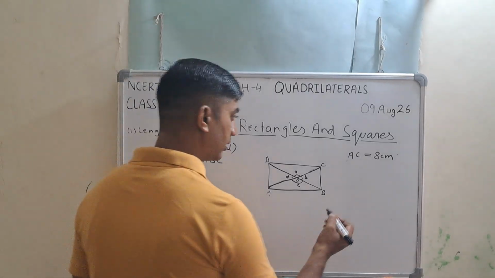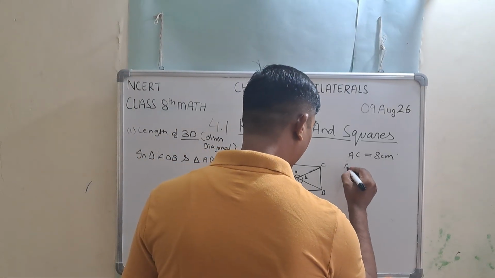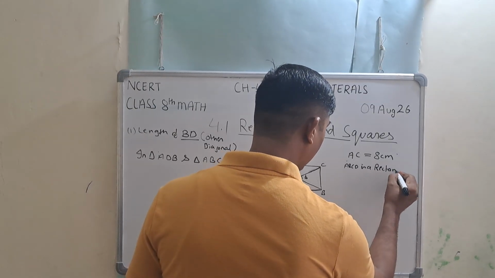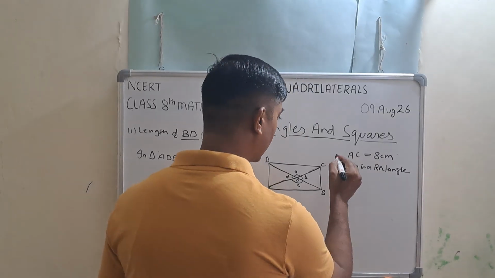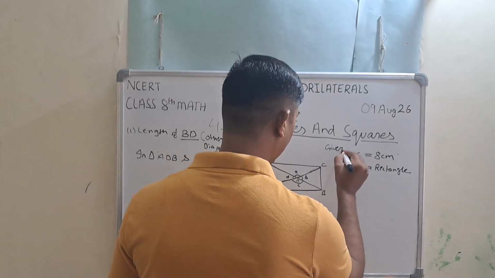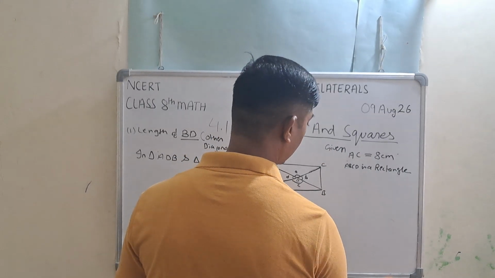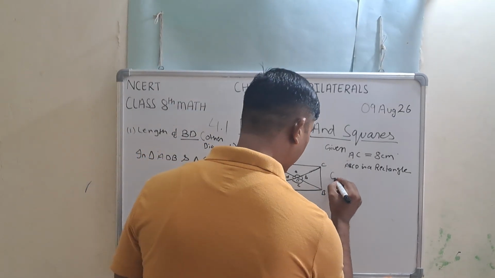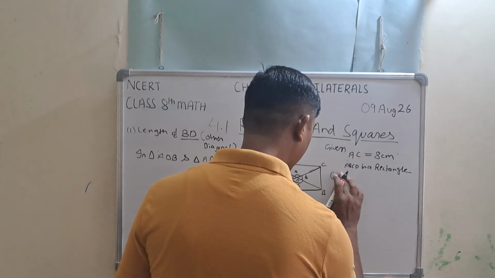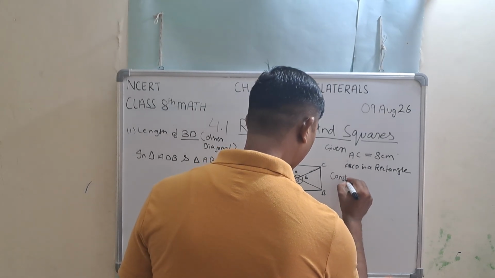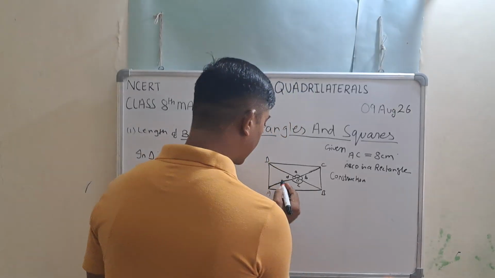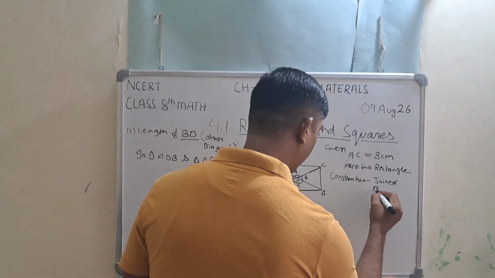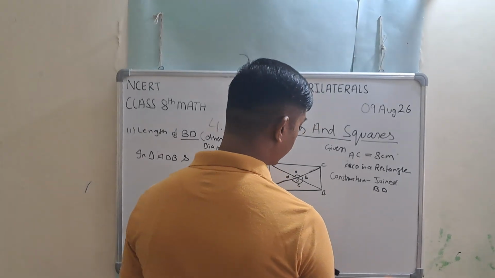Understood? It is given: AC is 8 centimeter and ABCD is a rectangle. This is given in our question. And we have done the construction: we have joined BD. Understood? We have joined BD.